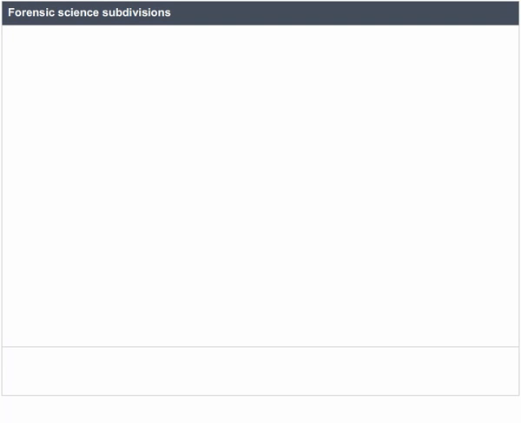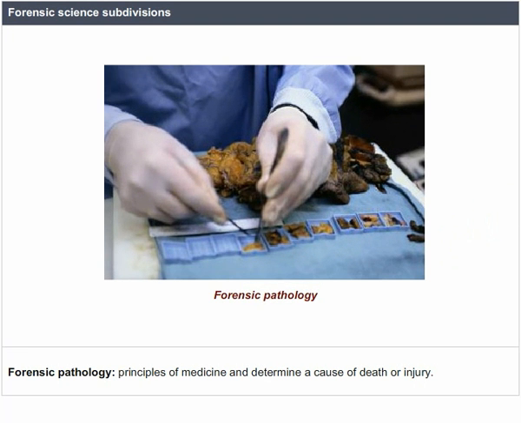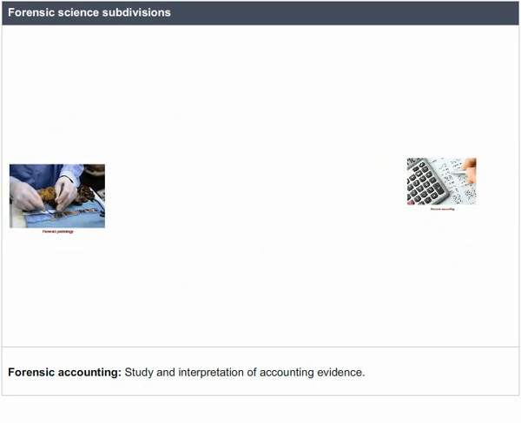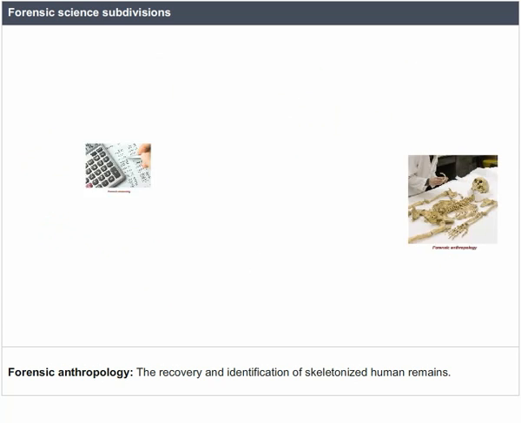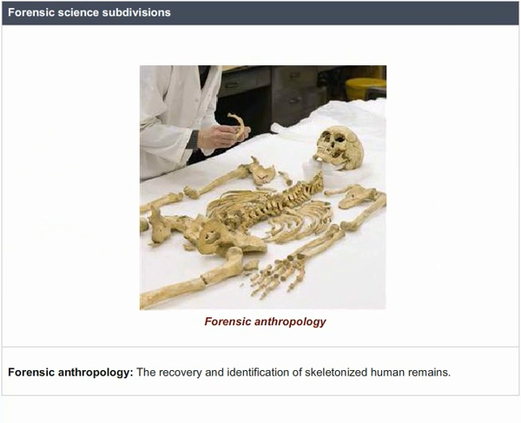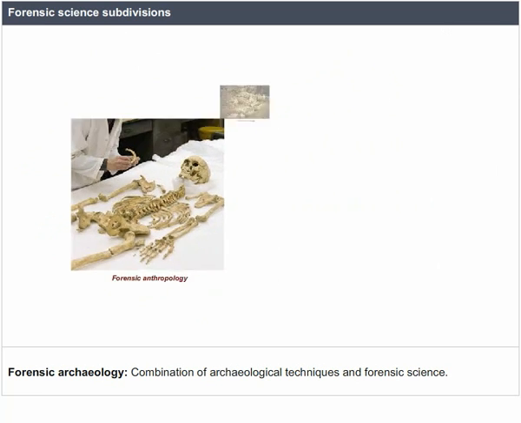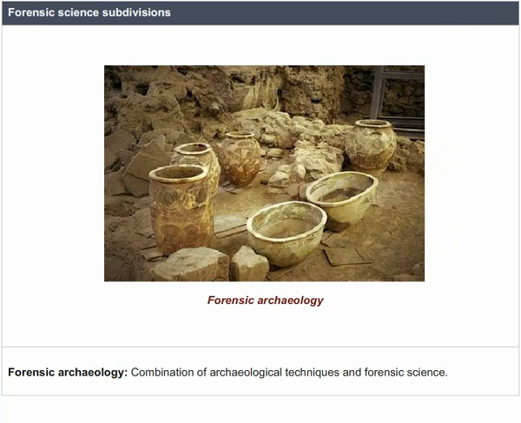Forensic science subdivisions. Forensic pathology: principles of medicine to determine a cause of death or injury. Forensic accounting: study and interpretation of accounting evidence. Forensic anthropology: the recovery and identification of skeletonized human remains. Forensic archaeology: combination of archaeological techniques and forensic science.